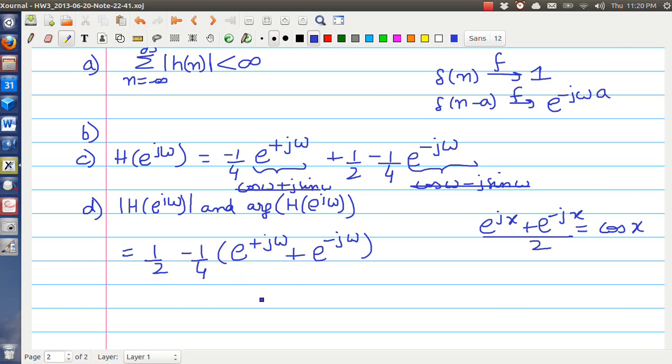So this term right here is simply 2 cosine omega. Here we had half minus 1/4. So our answer is going to be half minus half cosine omega.